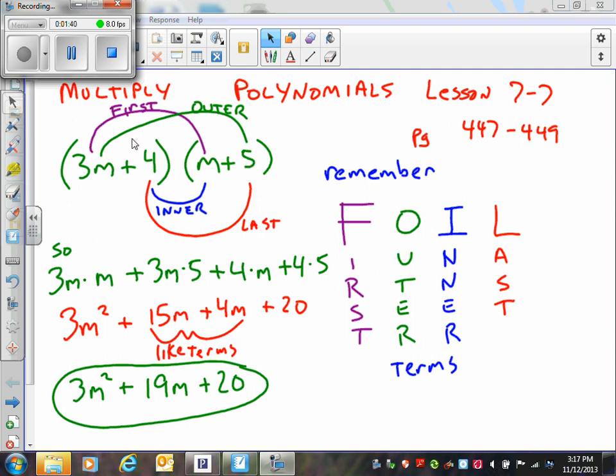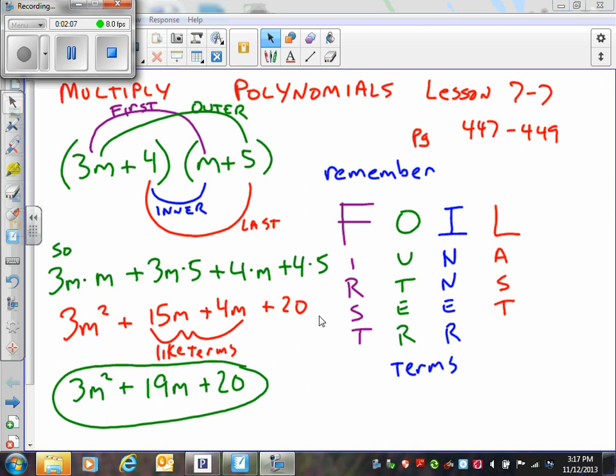So I get 3m times m right here. I get 3m times 5 right here. I get 4 times m right there. And I get 4 times 5. 3m times m, 1 and 1 gives us 3m squared. 3m times 5, 15m. 4 times m is 4m, and 4 times 5 is 20.